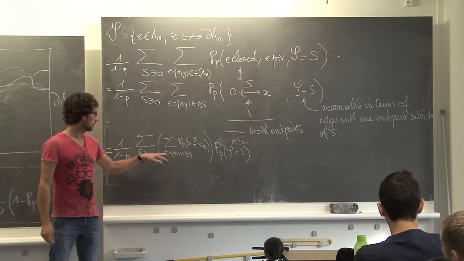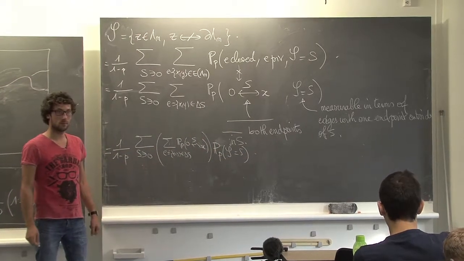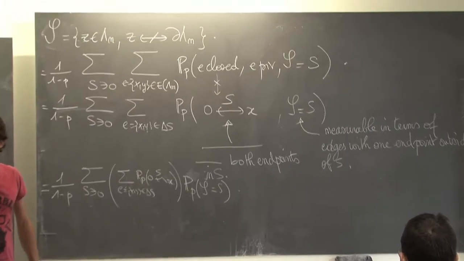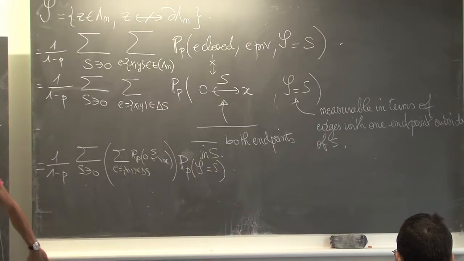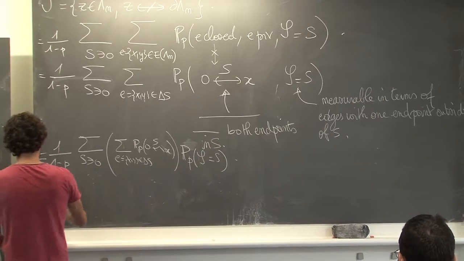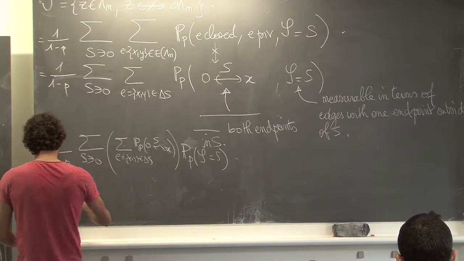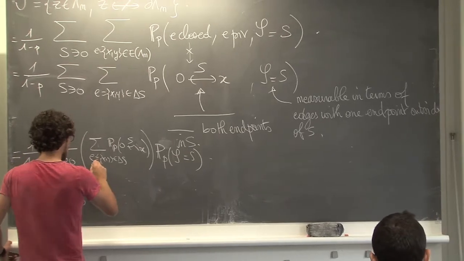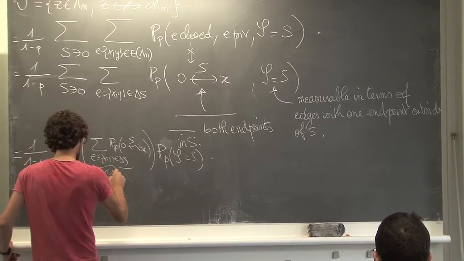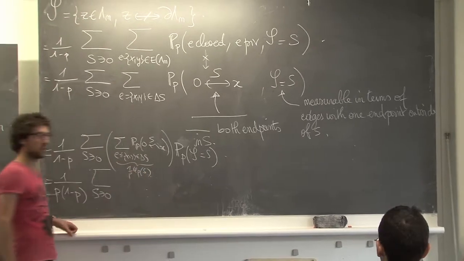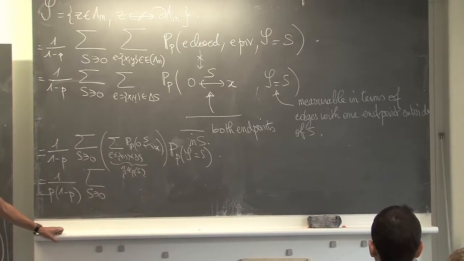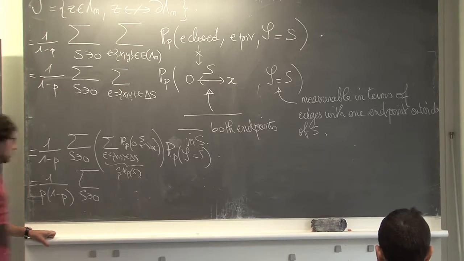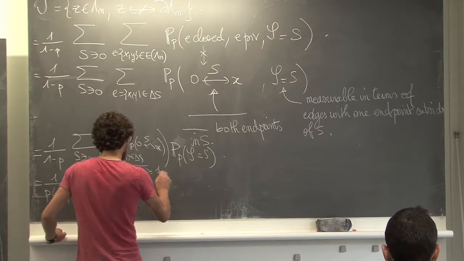This is what? Well, this is 1 over p times phi p of S. So this is 1 over p, 1 minus p, the sum over S in 0. And here I get, so this is 1 over p phi p of S. So since I am above pc tilde, this is larger or equal to 1 over p.